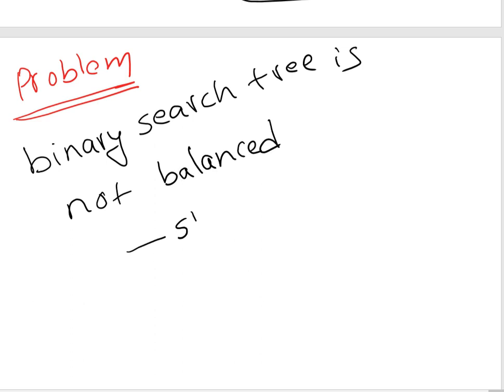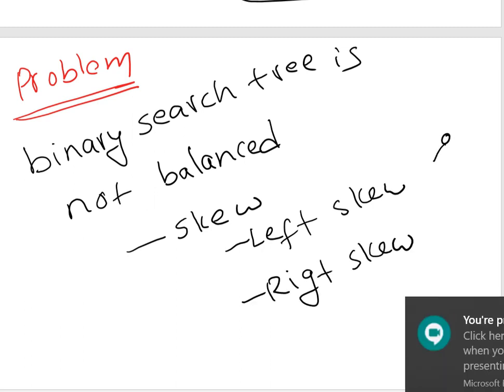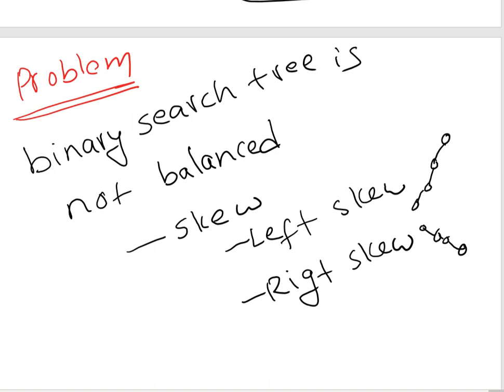The problem is skew. Skew may be left skew or right skew. This is called the left skew. This is called the right skew.